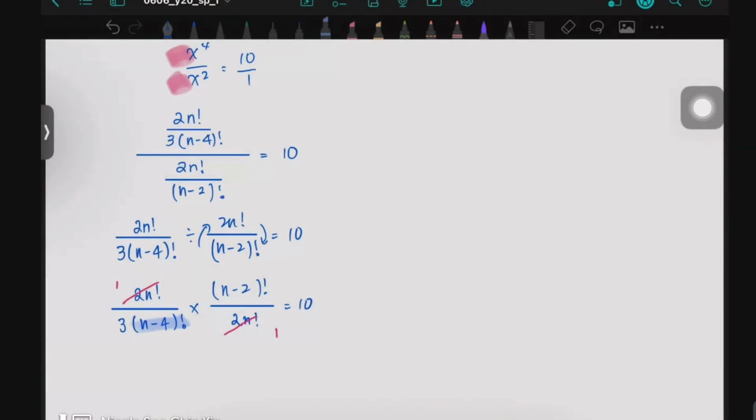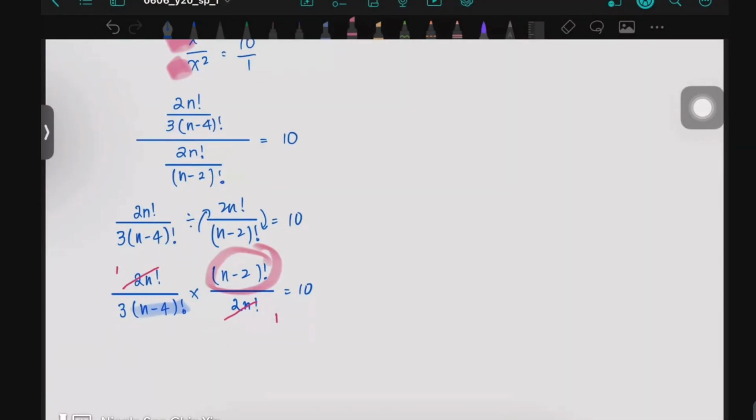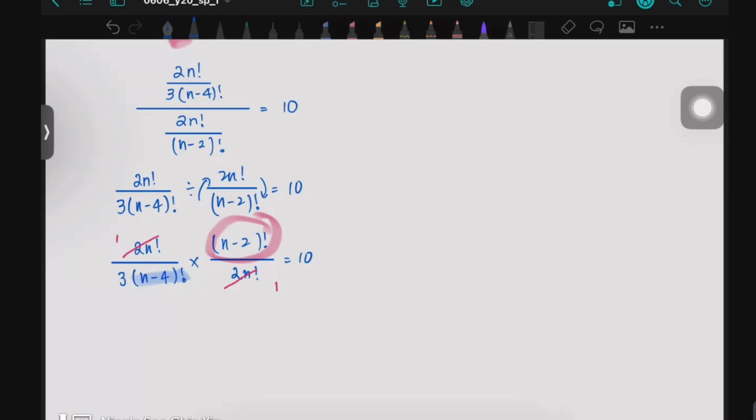So what we're going to do is expand this one. So I will have 1 over 3(n minus 4) factorial multiplied by (n minus 2)(n minus 3)(n minus 4) factorial over 1 equals 10. So from here we cancel off.